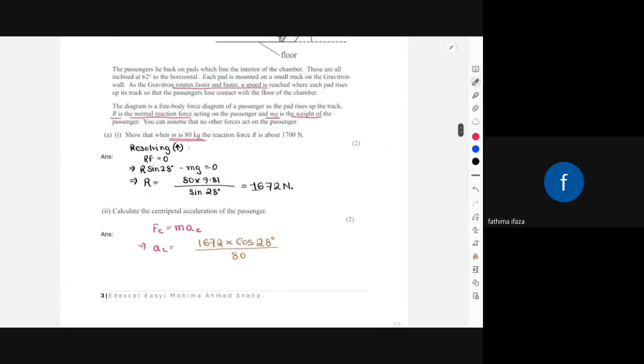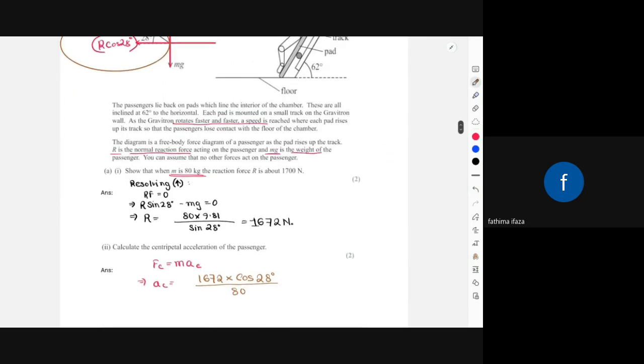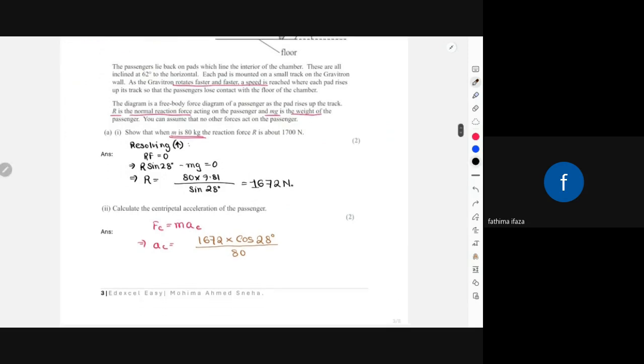But all the data given in the question was, according to the question, two significant figures, right? 62, 80, and then 1700. I think we can accept 19 as a better answer, 19 meters per second squared. Let's continue to write 8.5 meters per second squared, and then I'll write 19 meters per second squared.